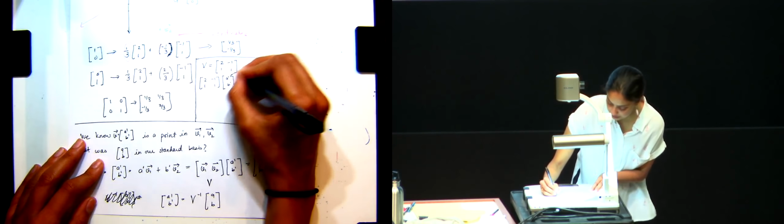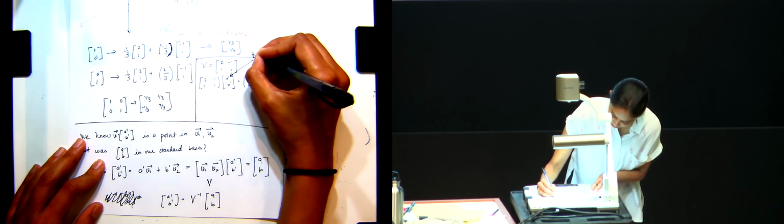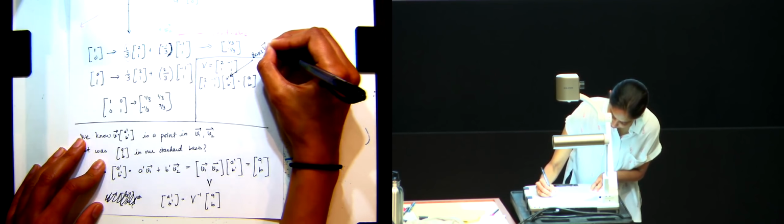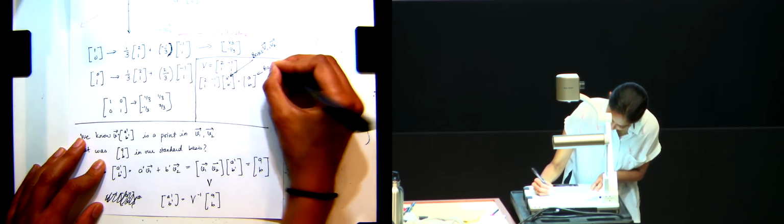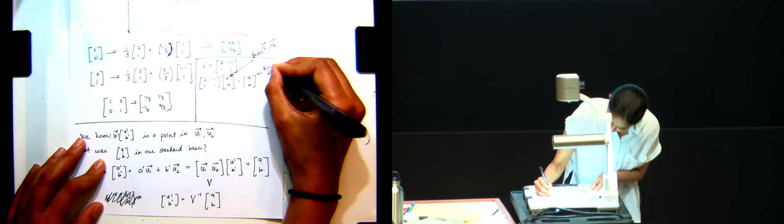So this is basis V1, V2. This is basis E1, E2. I feel like people are confused. Questions? Yeah.